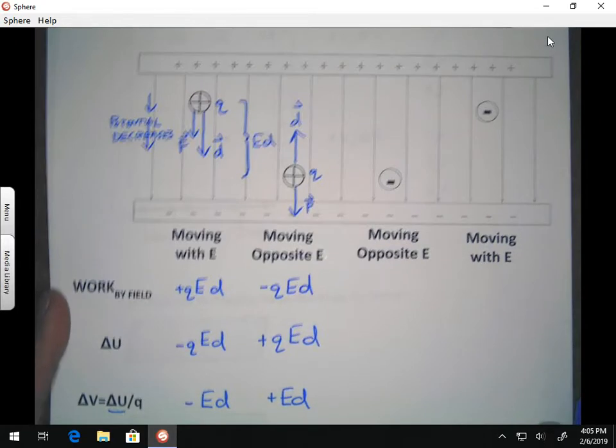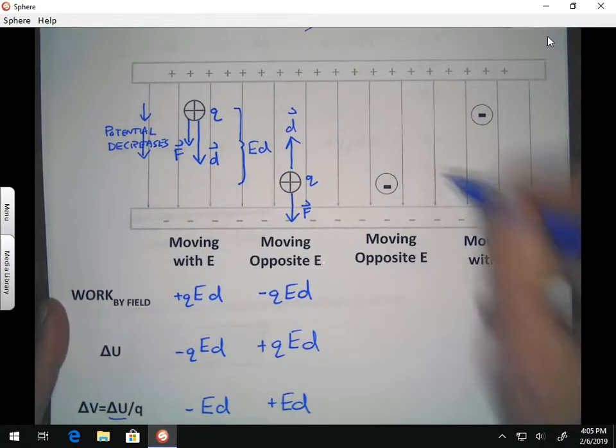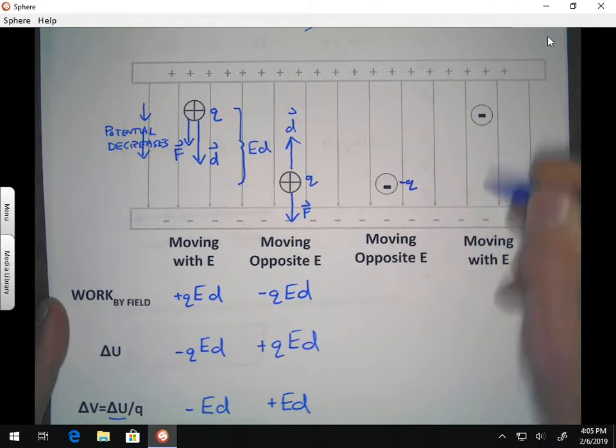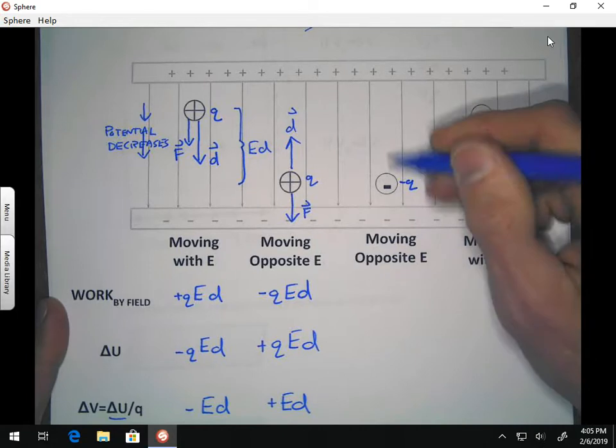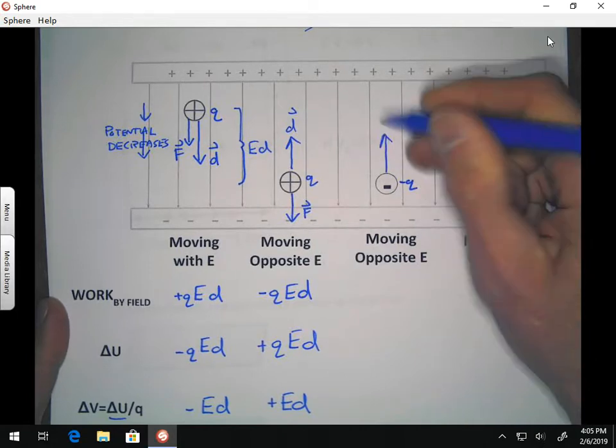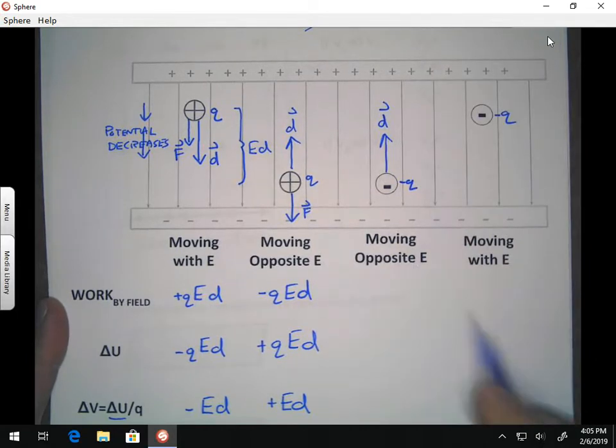You can also check this out for negative charges. So if I put a negative Q here, and I allow this negative Q to go opposite the electric field, I'm going to have a change in potential.